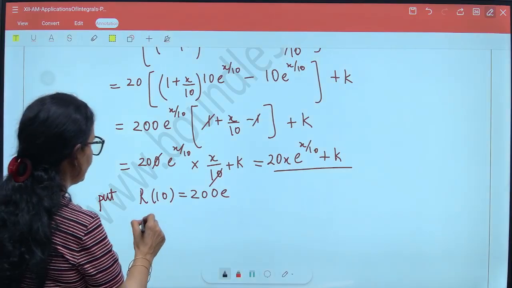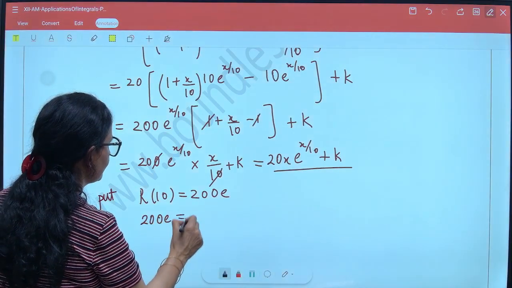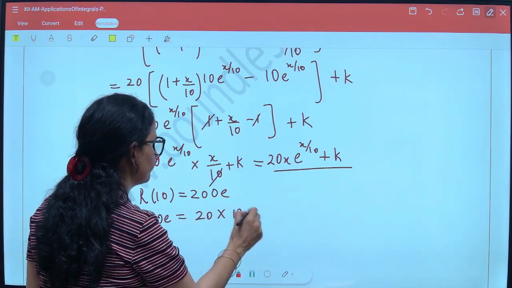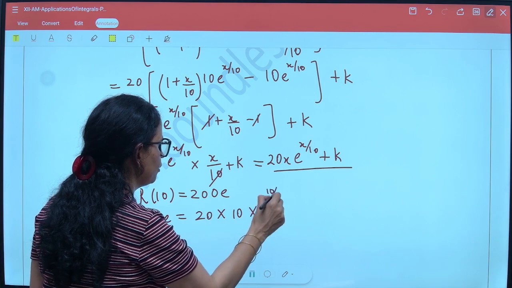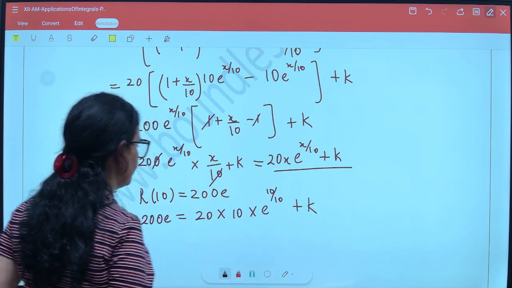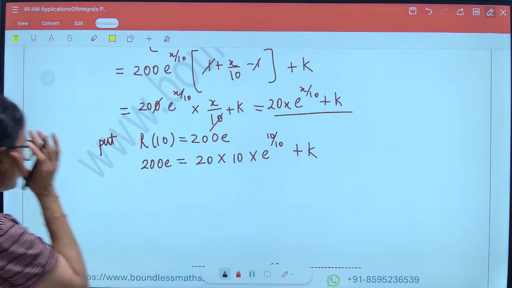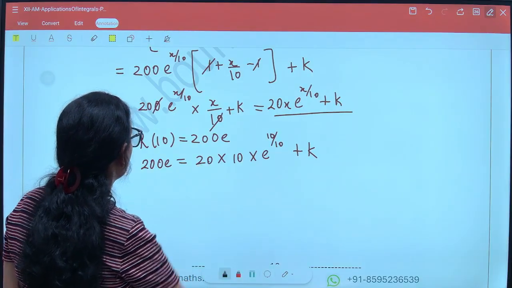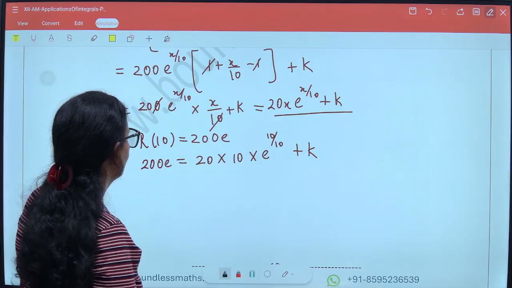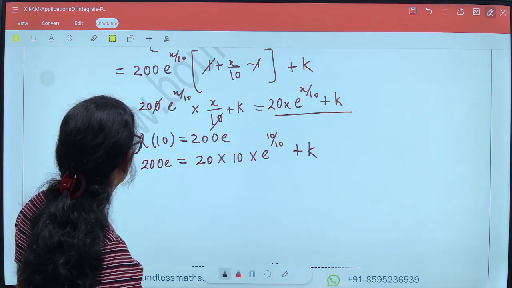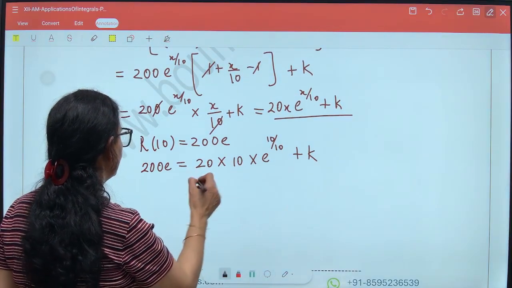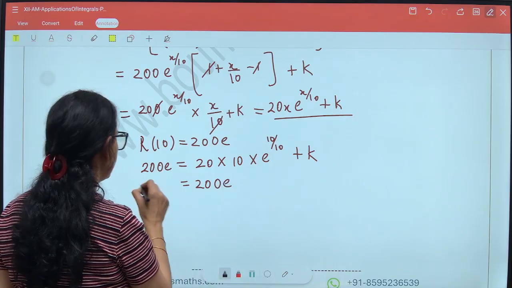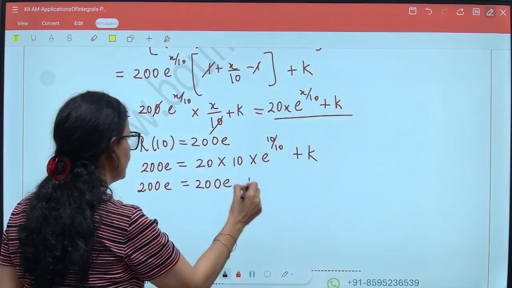So that means 200e equals 20 into the value of x is 10 into e raised to power 10 upon 10 plus the constant of integration. 10 by 10 becomes 1, e raised to power 1 is e, and 20 into 10 becomes 200. 200e, and here also we have 200e plus the constant.